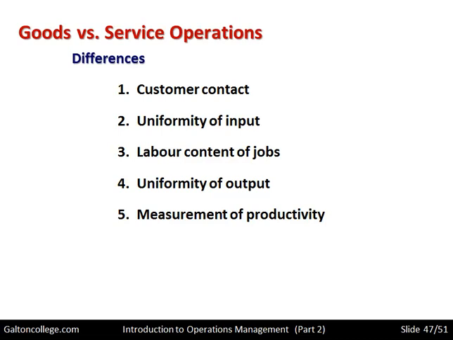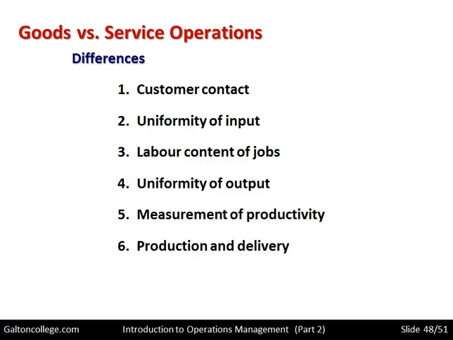Agreed that there are some elements of capital, some equipment will be used and premises will be used, but in terms of output, the output relies on the efficiency of the hairdresser. So there are issues about measuring productivity between the two types of operations.